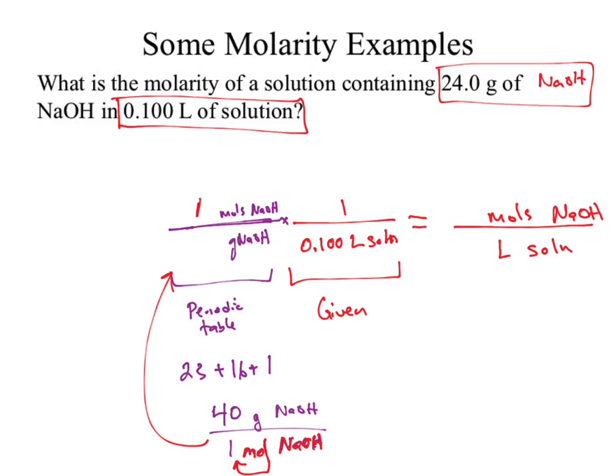What shows up in front of grams of sodium hydroxide? 40. So where does that show up in my conversion? In front of grams of sodium. You're right, but you're letting people finish you.